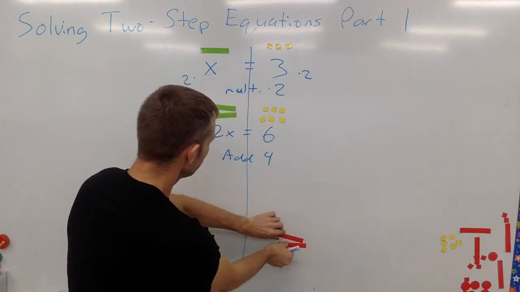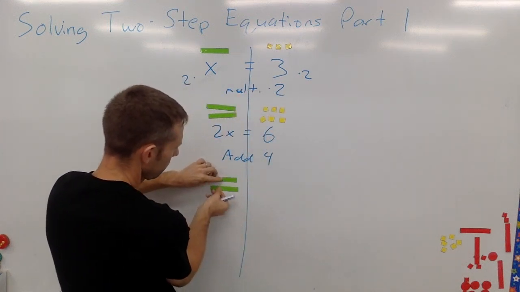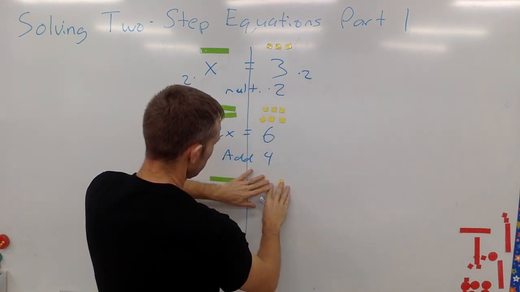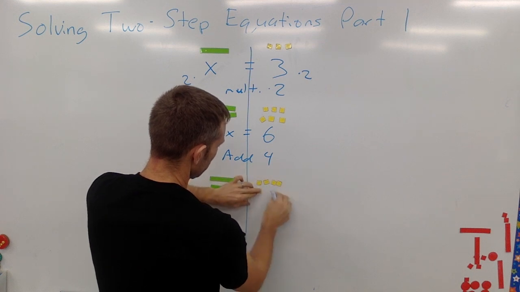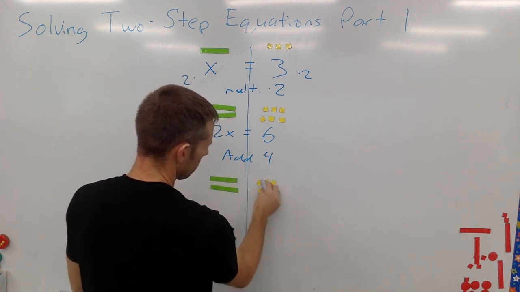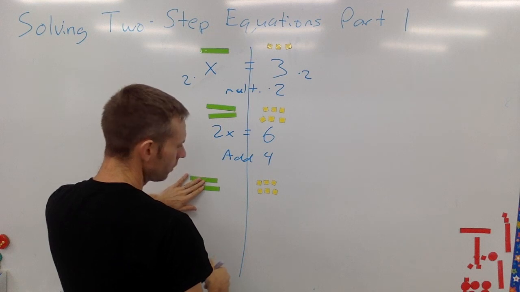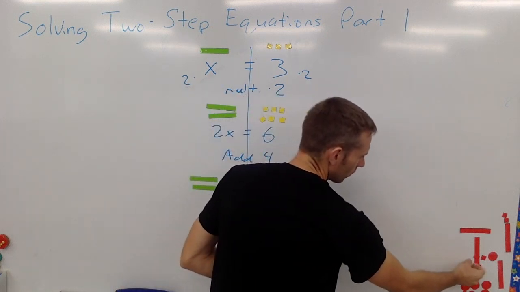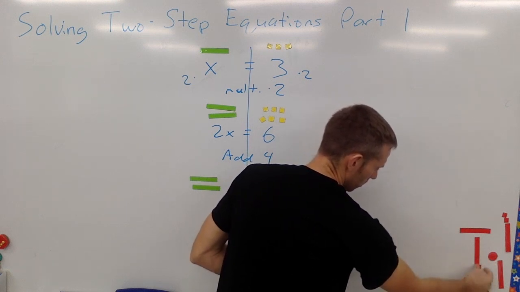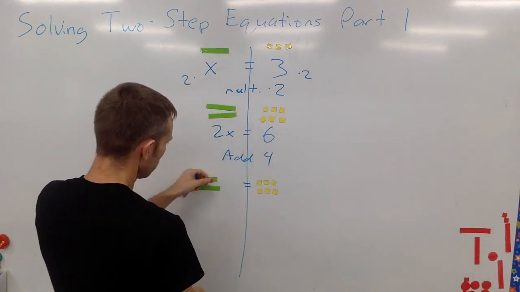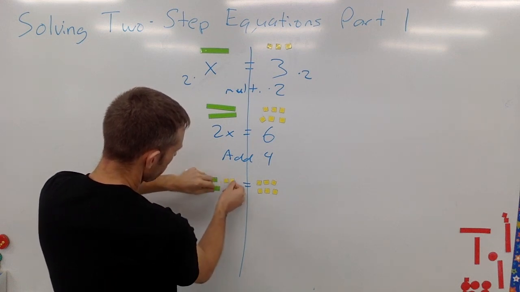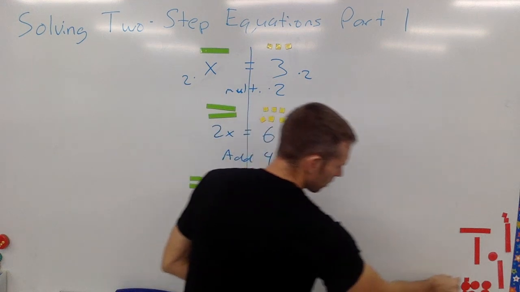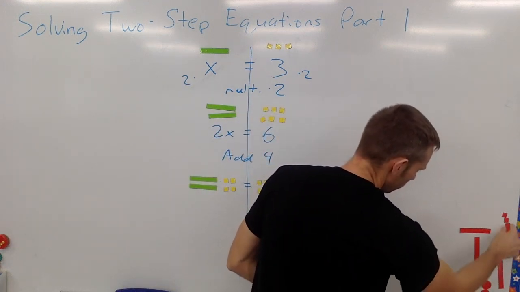I still have my 2x and I still have my 6, and to both sides of the equation, I'm going to add 4 more. One, 2, 3, 4. If I do it to the left side, I need to do it to the right side.